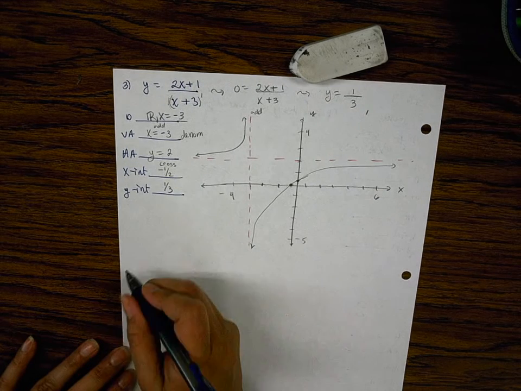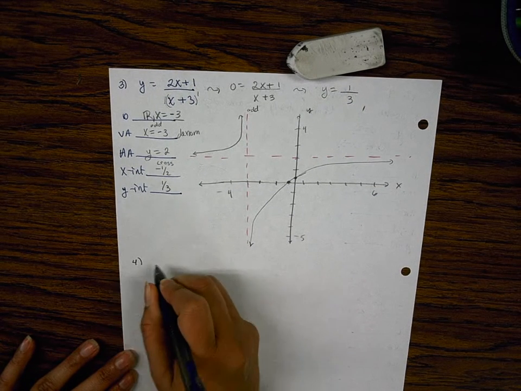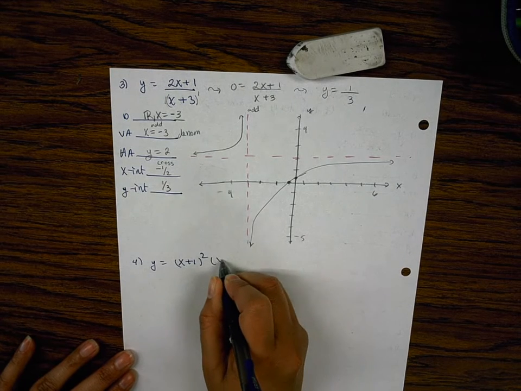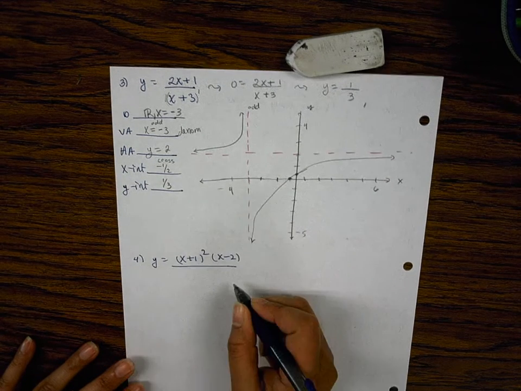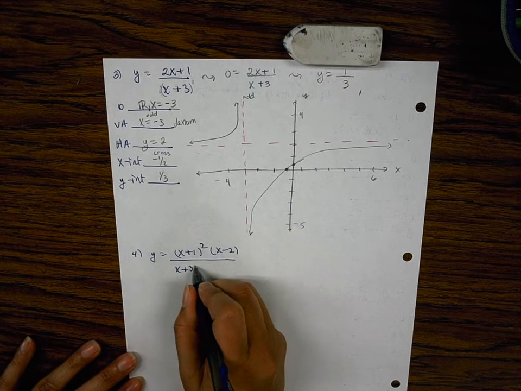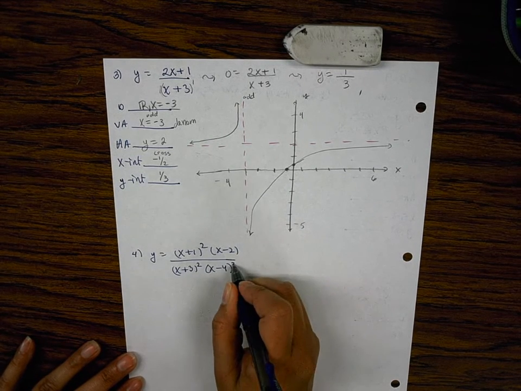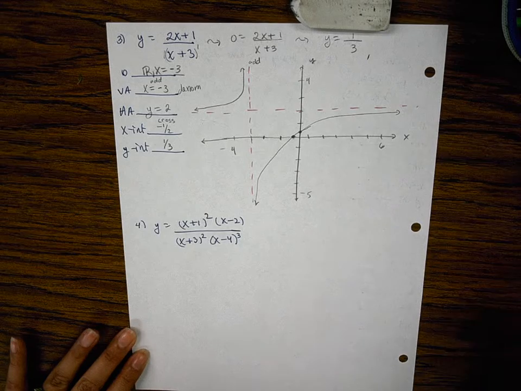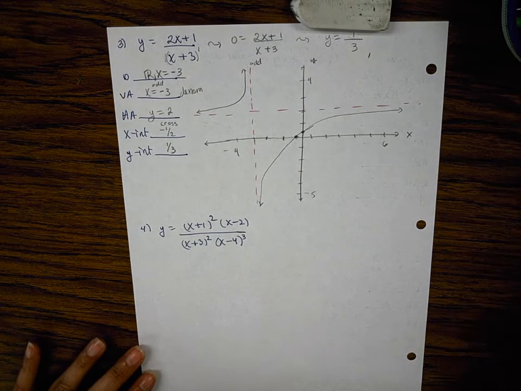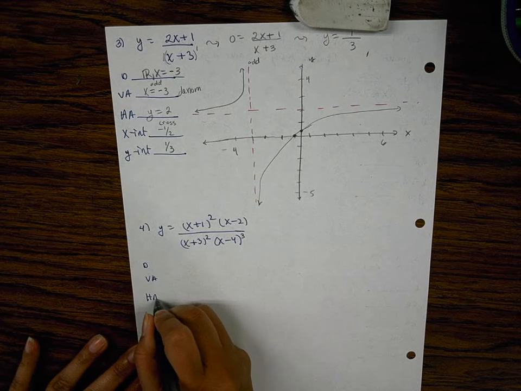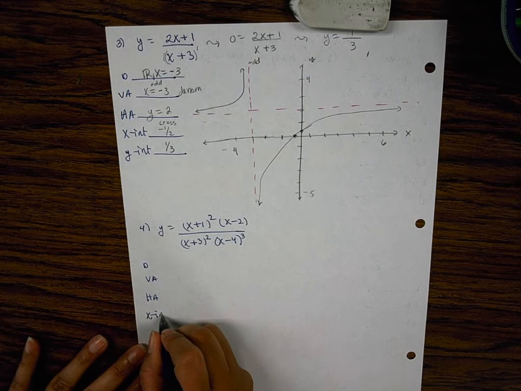Number 4, y equals x plus 1 squared, x minus 2, over x plus 3 squared, x minus 4 cubed. All right, I am going to have you try this one on your own. Let's at least write this stuff down. D, va, ha, x-intercept, y-intercept.